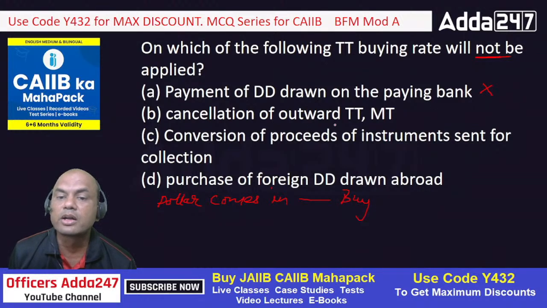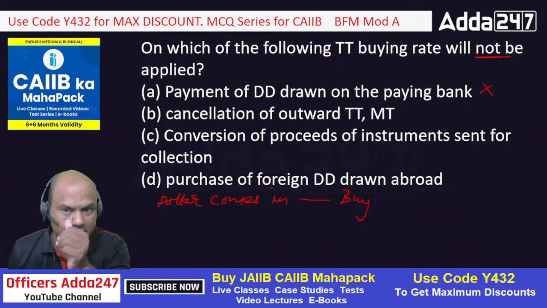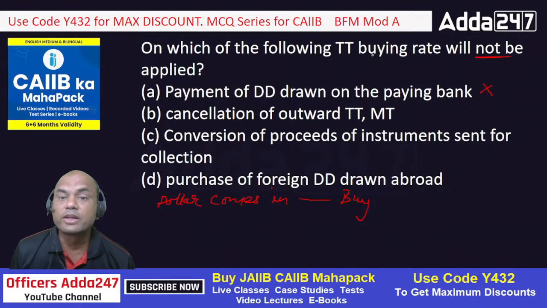Cancellation of outward TT or MT. What happens in this case? Whenever you go for any outward remittance, you apply the selling rate, the TT selling rate. Now here you are cancelling that, so you apply the reverse rate. You may feel that TT buying rate may be applied over here.